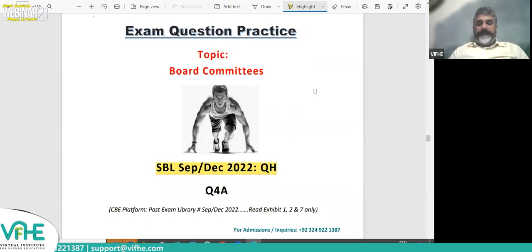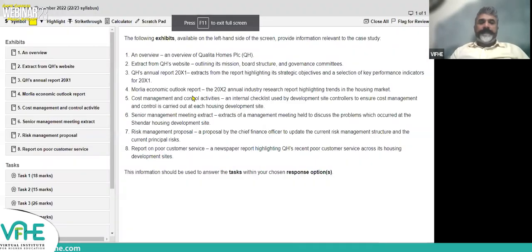All right, so this is the paper. It's mentioned on the top, SBL September-December 2022, right? Let's start.